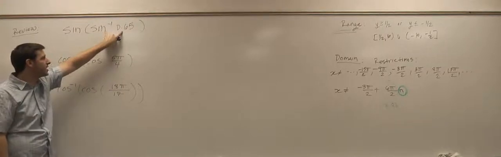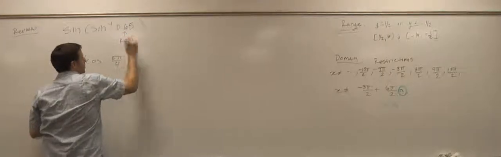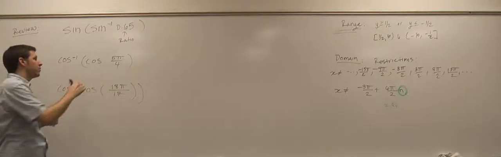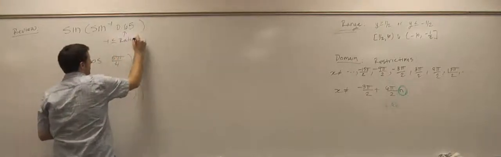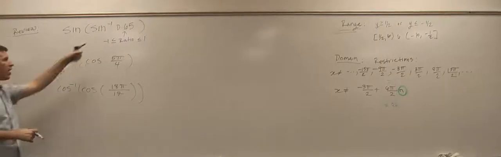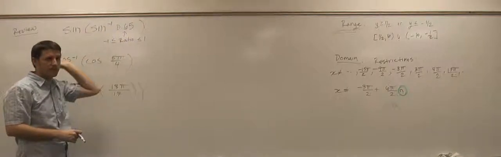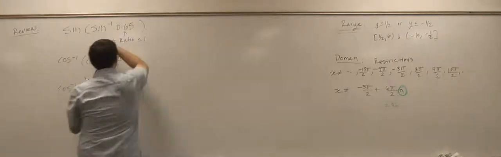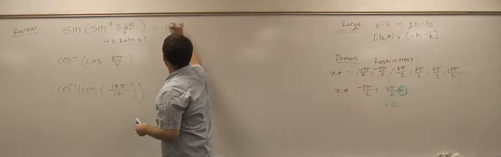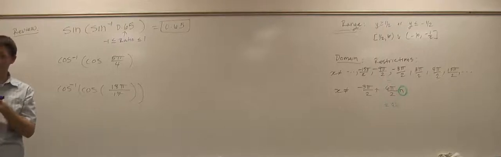So sine inverse takes in a ratio. What do the ratios have to be between for sine? Negative 1 and 1. So as long as this is between negative 1 and 1, since I identified it as a ratio, these will cancel each other out. And it is, so these cancel. That's when everything is rosy. When everything works perfectly, that's what happens.